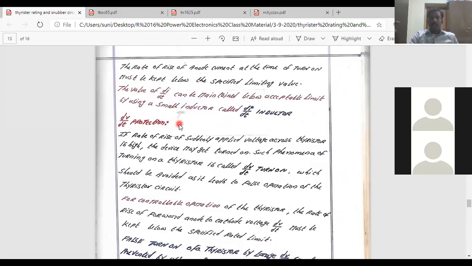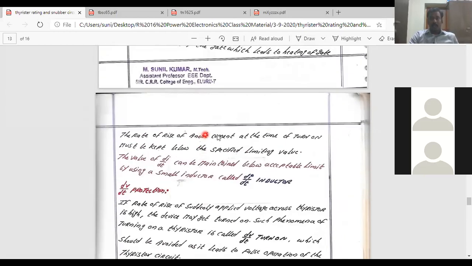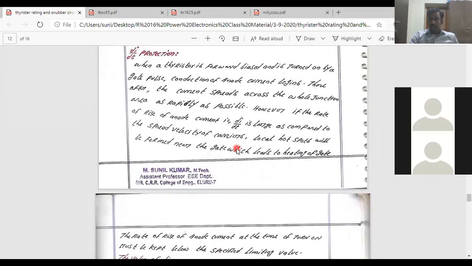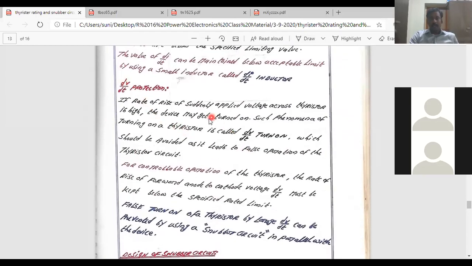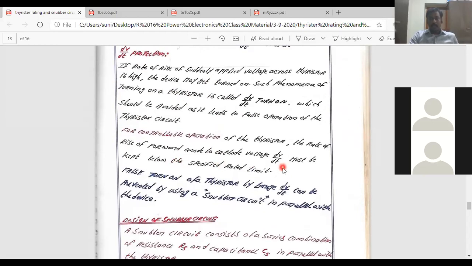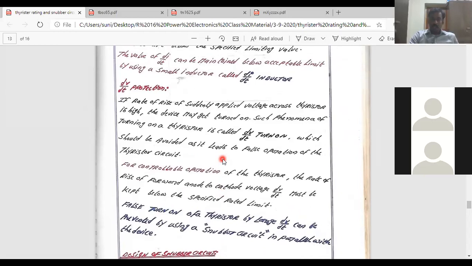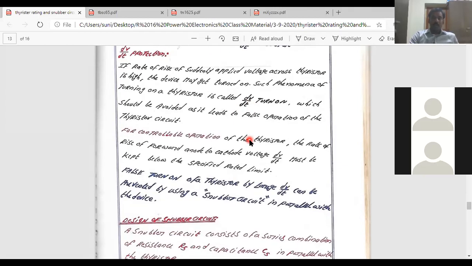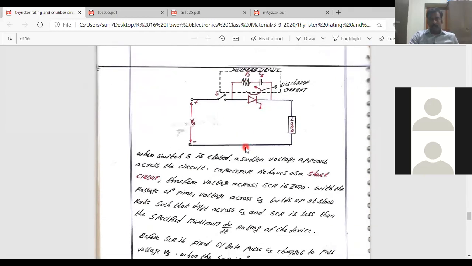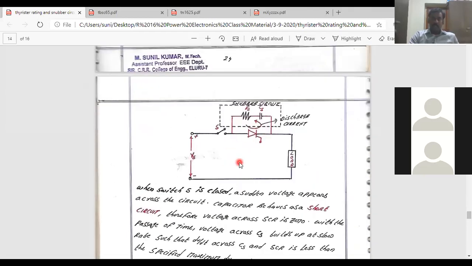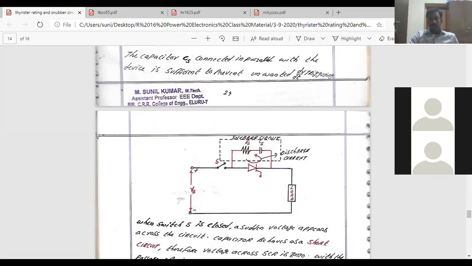These two are going to be protected. di by dt leads to the temperature rise, and dv by dt leads to unwanted triggering or false triggering. Due to this, ultimately the circuit is going to collapse. So these two are basically considered, and here you are going to consider protection circuits.